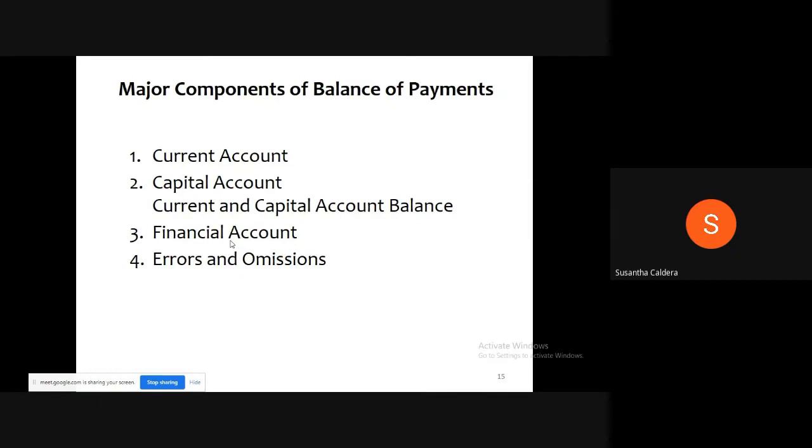What do you mean by errors and omissions? Why are errors and omissions a major component of balance of payment?